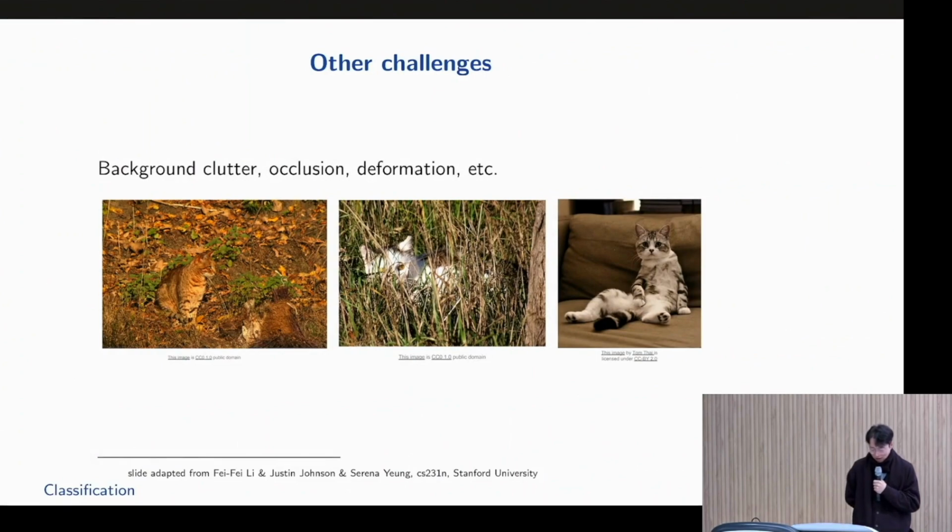Also, in real life, you're almost never going to encounter exactly the same image twice. So things keep moving, and you have background clutter, and you have occlusion. So this object here is occluded, and you have pose changes. So you have different deformation, and you need to train a classifier that's robust against all these input variations.